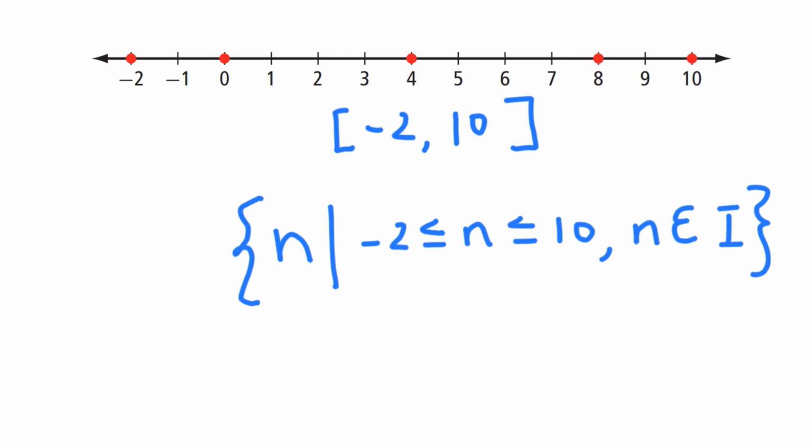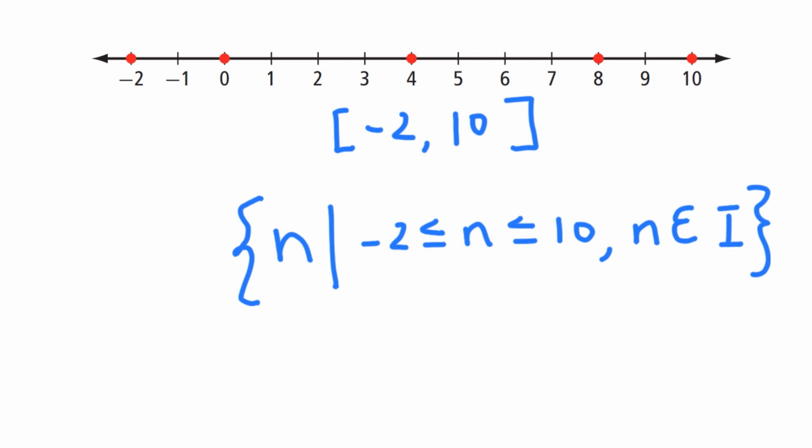So here we have our third number line example. So this is a previous example, and we said that the interval notation is between -2 and positive 10 inclusive. I also wanted to show you what the set notation looks like because it's a little bit different. So in this case, instead of having a graph, we just have a number line.